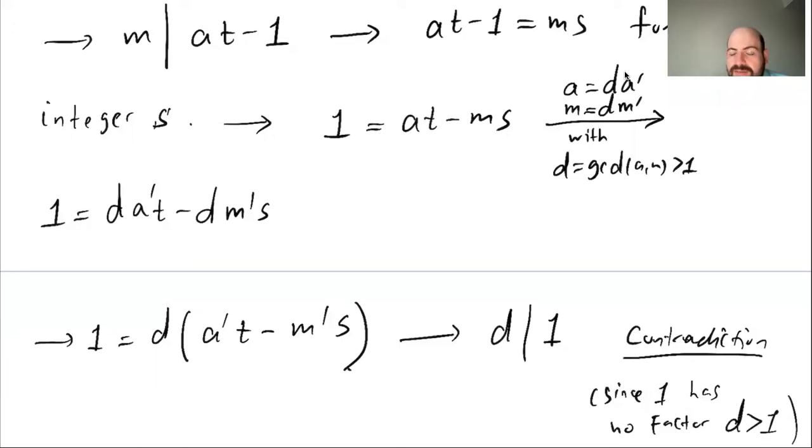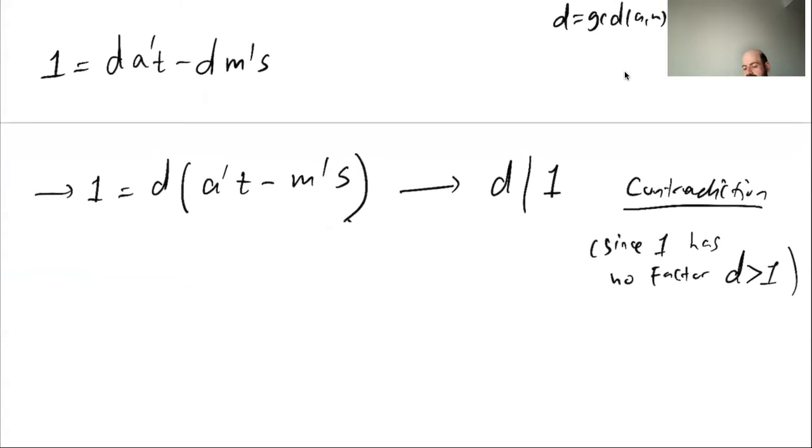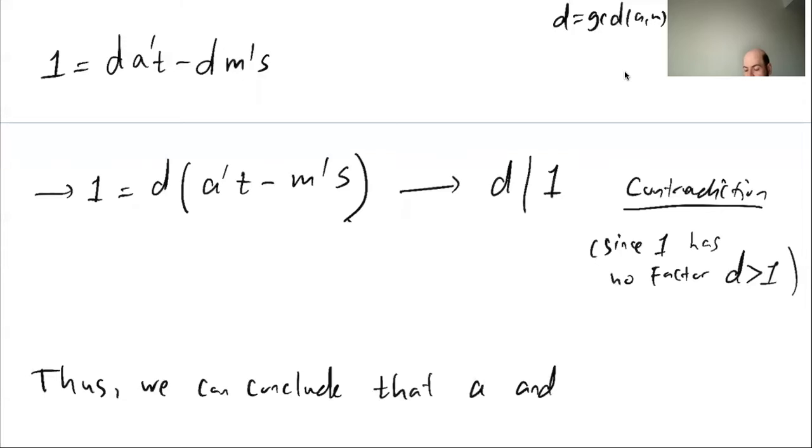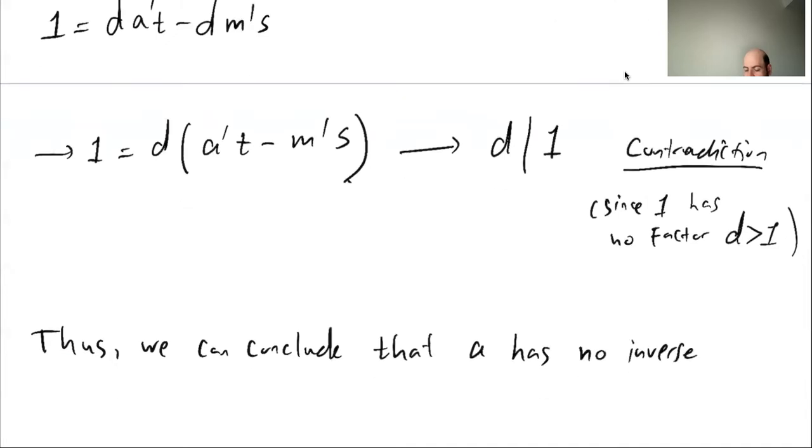Of course, that's not possible, and that's a contradiction. And well, that's it. From this contradiction, we can conclude that A has no inverse in this case.